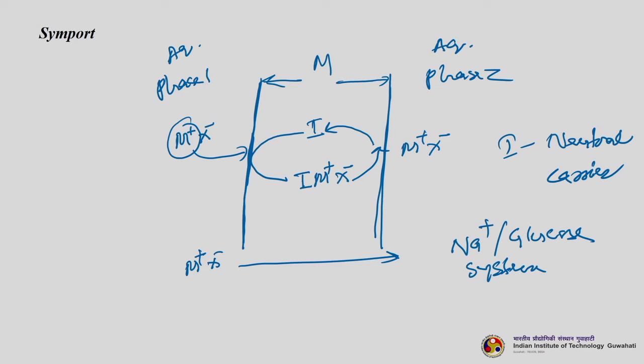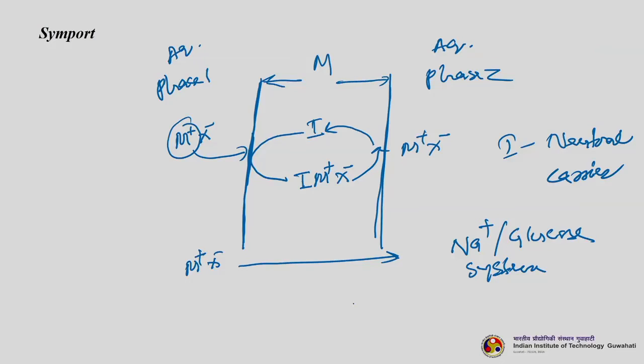Once the carrier releases the salt on that side, it gets renewed and comes back inside the membrane, and again associates itself with another molecule of the salt, forms a complex, and again the process continues. So, this is in the case of symport.